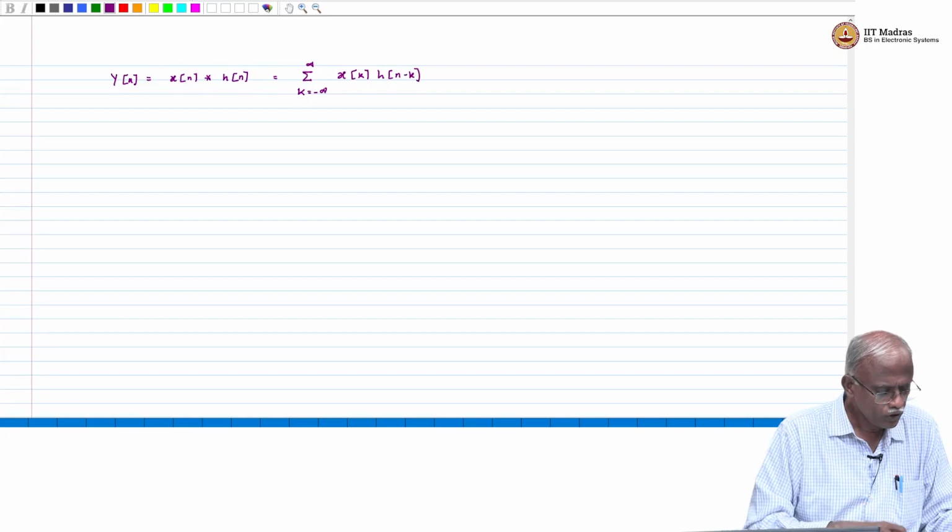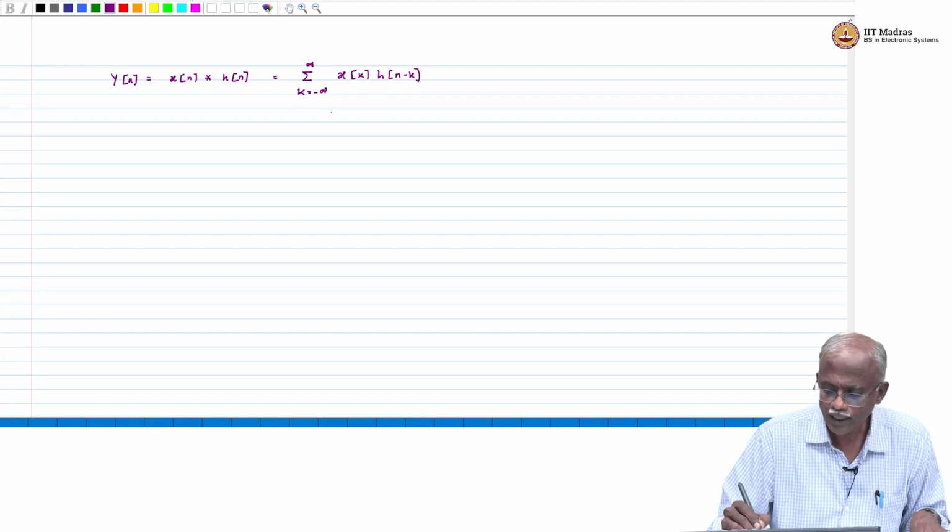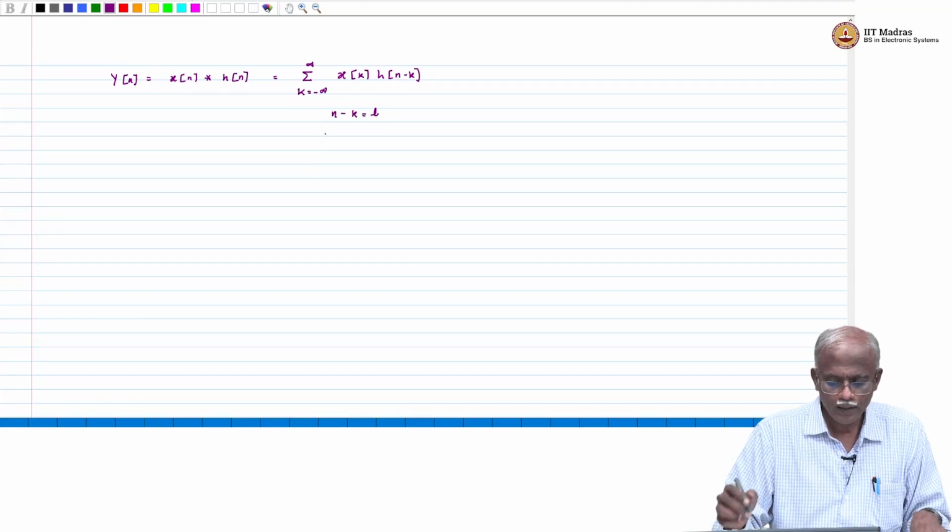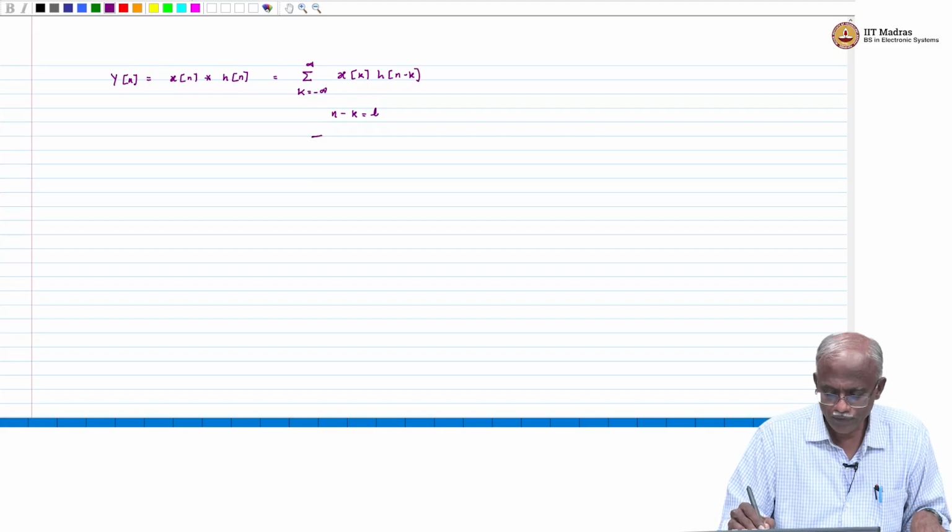So basically if you substitute n minus k equal to L, the limits of the summation will still go from minus infinity to infinity. So now it will be L going from minus infinity to infinity. This becomes h of L, and x becomes n minus L.